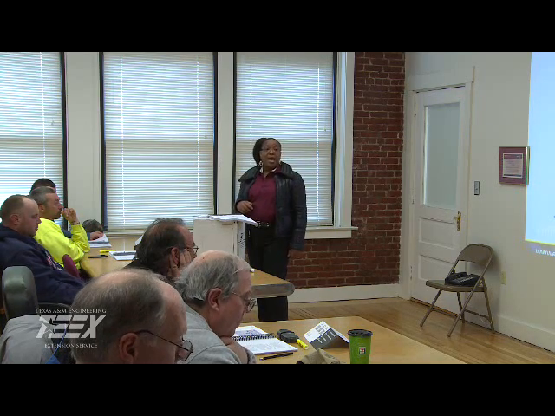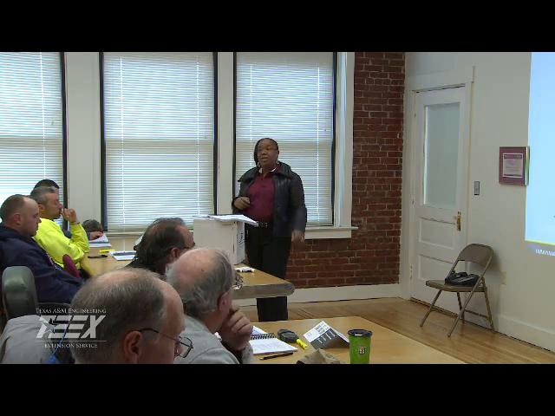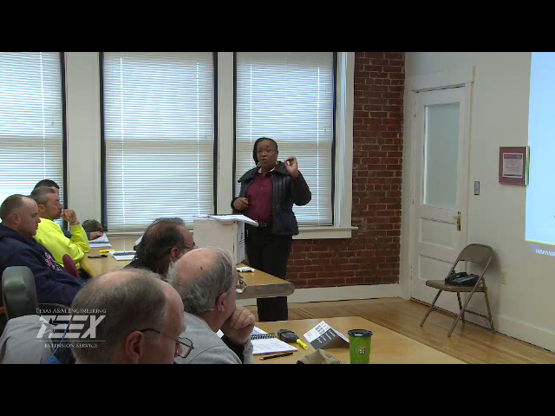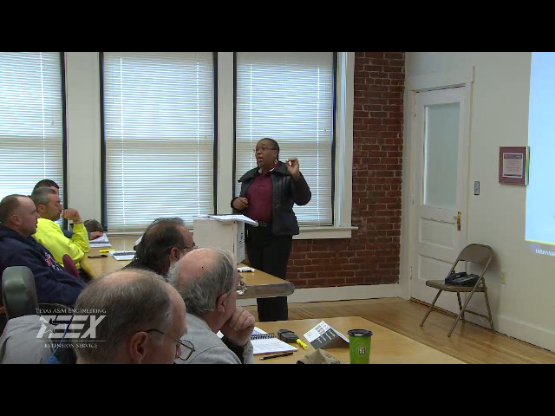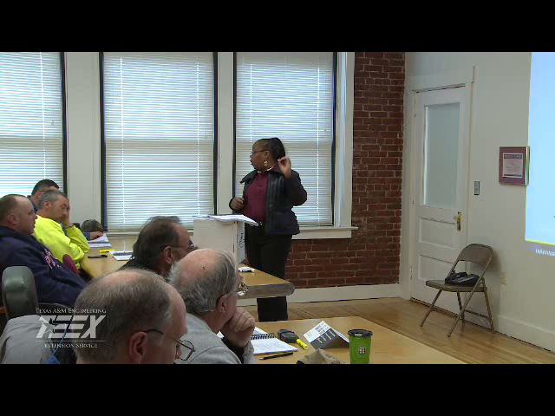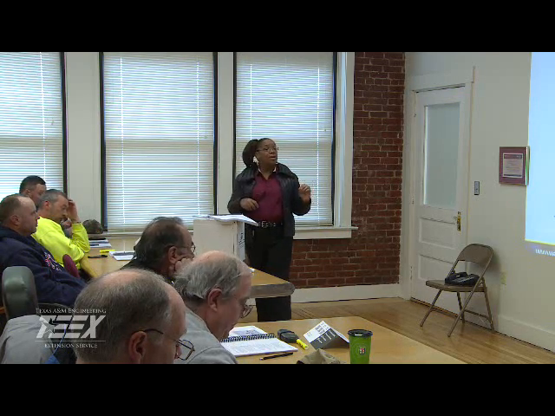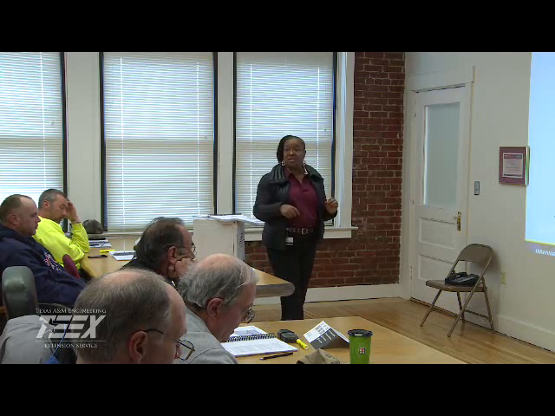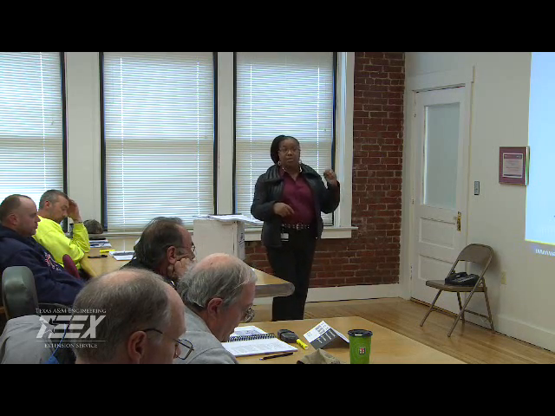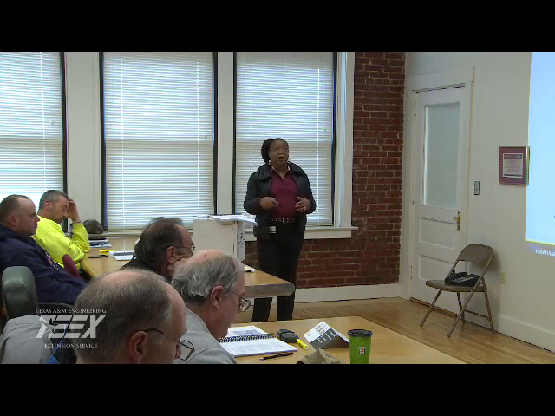The goal is the number in which no health risk is associated with that. The limit is a number where there may be a possible health concern or risk. And usually the limit or level is set as close as possible to the goal. And in this case, it's 0.